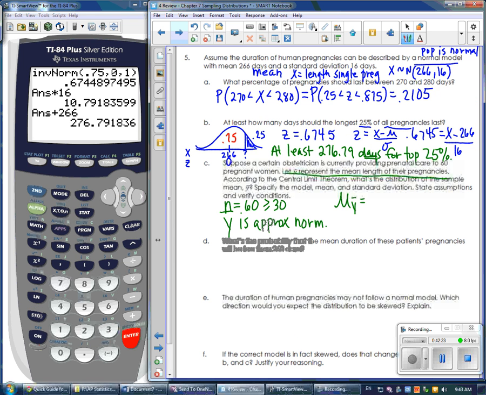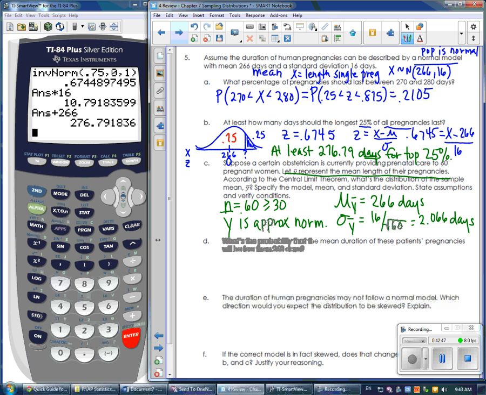So the mean is 266 days, and the standard deviation of y bar is going to be 16 divided by the square root of 60. If I do that calculation, then my standard deviation becomes 2.066. And again, I want to include units here.